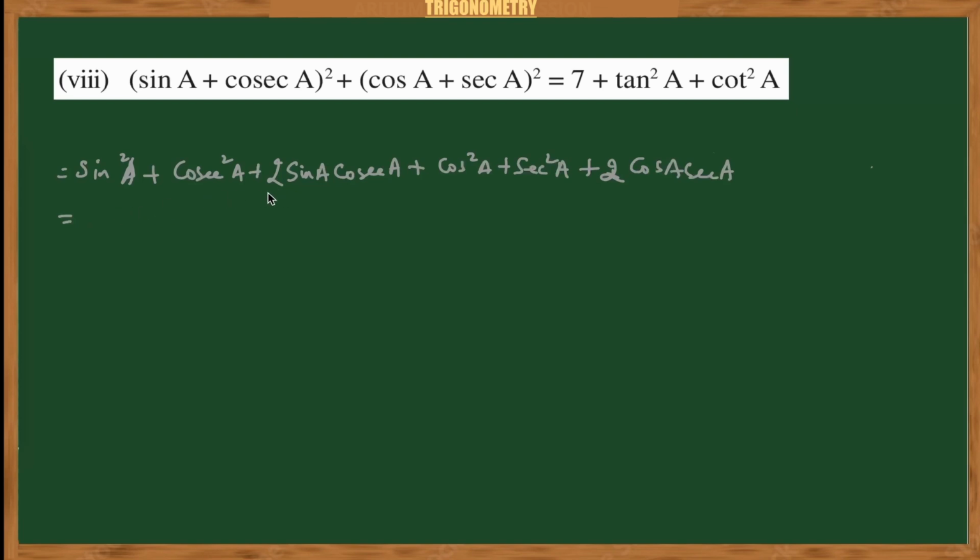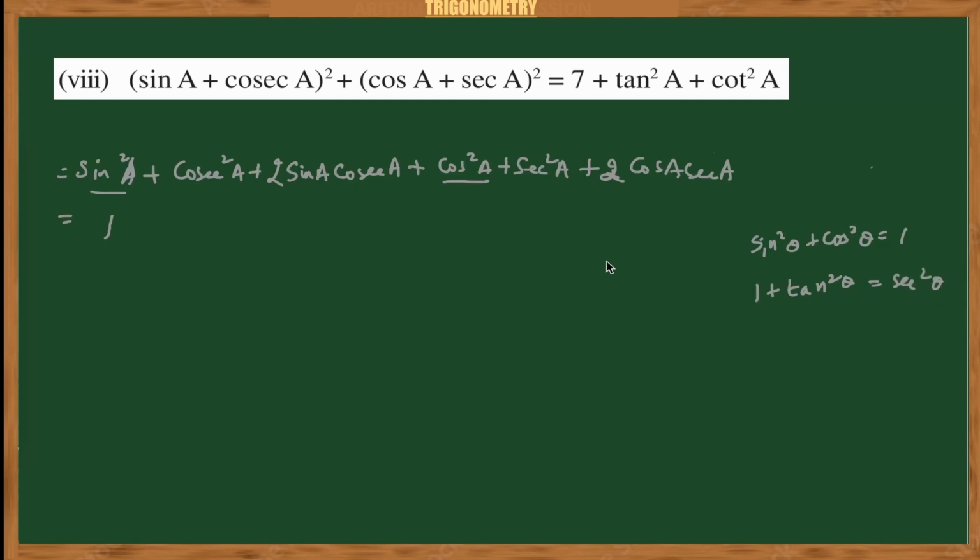Further, now it is out of the square, so can we utilize the identity? Yes, we can utilize the identity sin square theta plus cos square theta is equal to 1. Can we utilize the other? 1 plus tan square theta is equal to secant square theta.